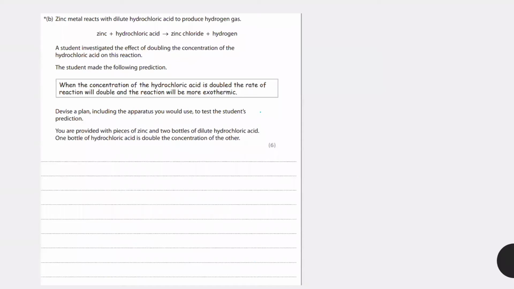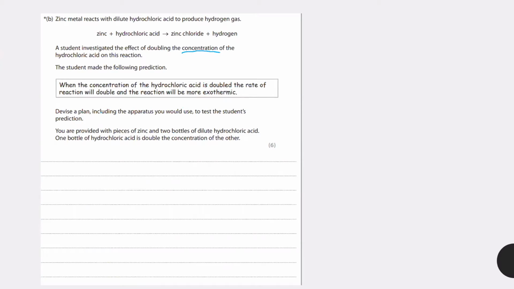Zinc metal reacts with dilute hydrochloric acid to produce hydrogen gas. Zinc does react with things. So zinc plus hydrochloric acid goes to zinc chloride plus hydrogen. A student investigated the effect of doubling the concentration of the hydrochloric acid on this reaction. The concentration is being doubled, not the volume or anything else.